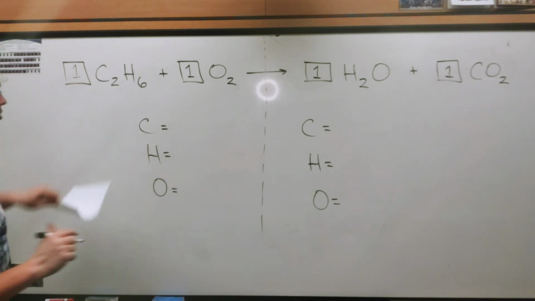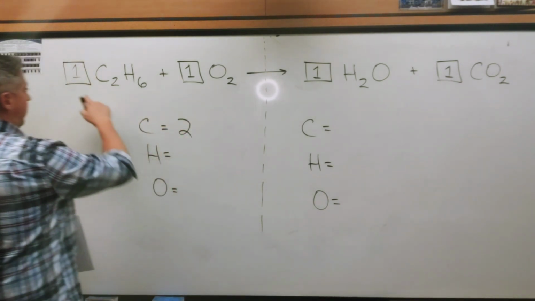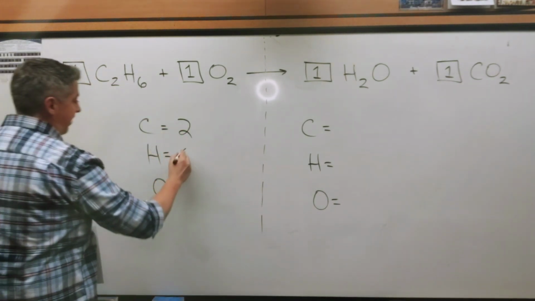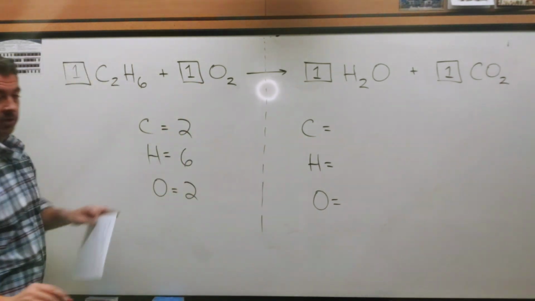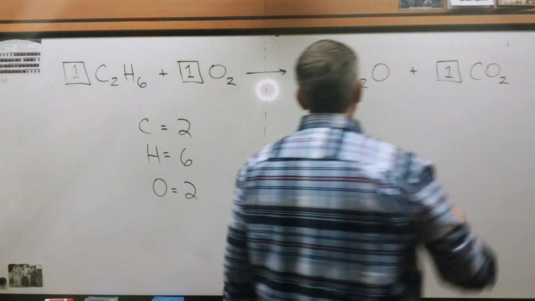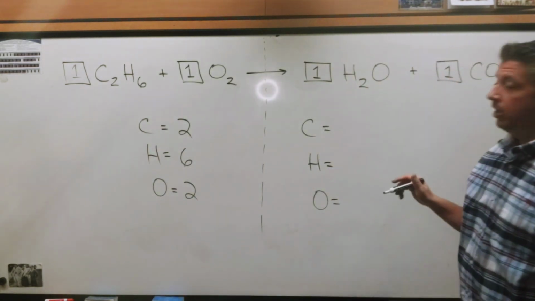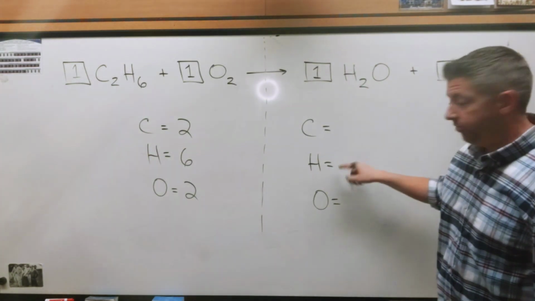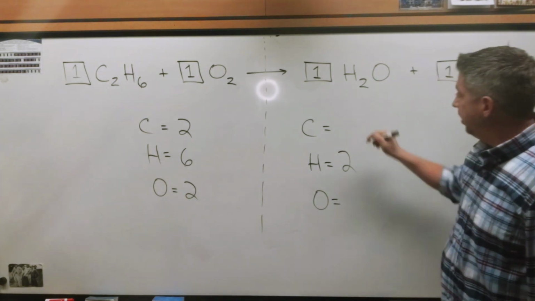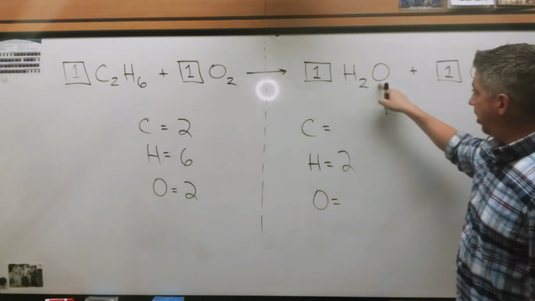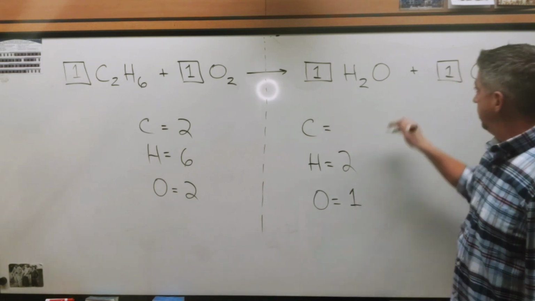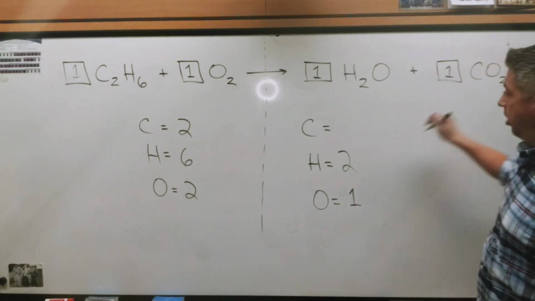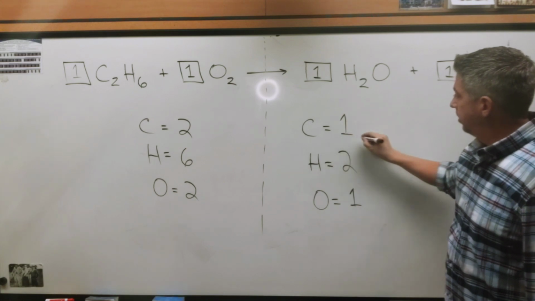1 times C2 means we have 2 carbon. 1 times H6 means we have 6 hydrogen. 1 times O2, we have 2 oxygen. Move on to the right. 1 times H2 means we have 2 H's, so I'm going to put 2 over here. 1 times 1 oxygen is 1 oxygen. 1 times 1 carbon is 1 carbon.